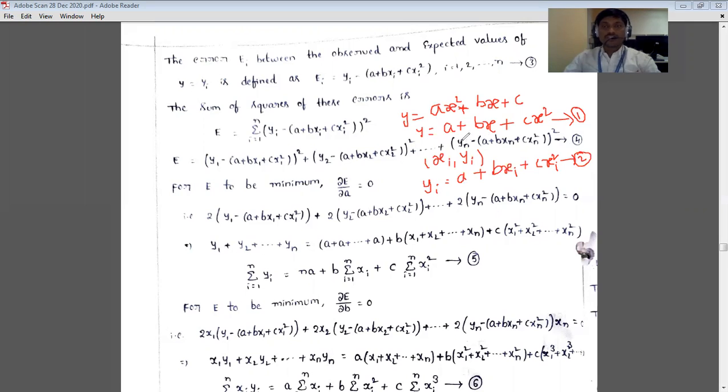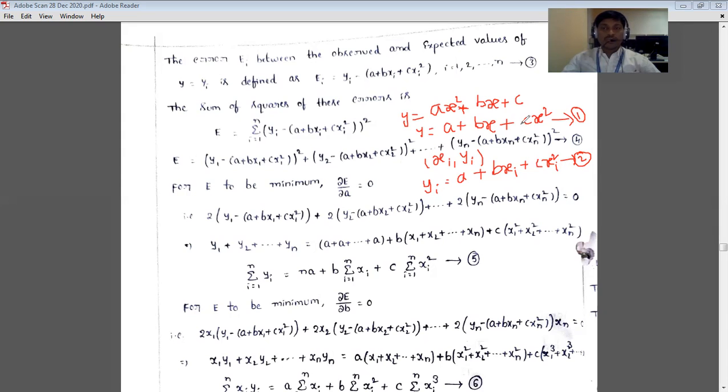So first we are choosing the general one. The equation of the second degree polynomial or the parabola is y is equal to a plus bx plus cx square, and this passes through the given data point xi, yi. If it passes through that, obviously it satisfies the given curve. That's why we write yi is equal to a plus bxi plus cxi square.